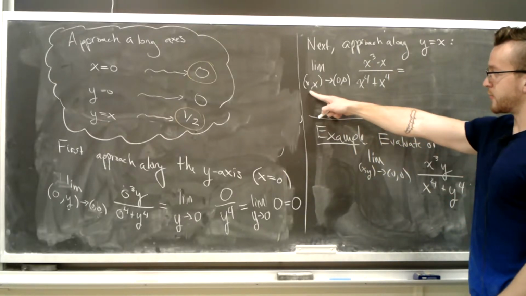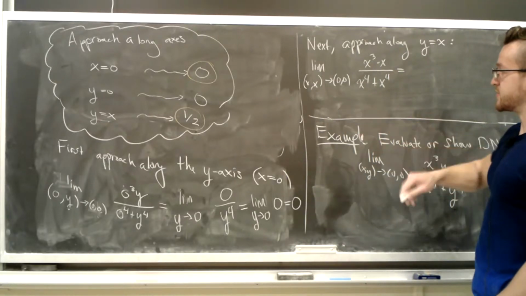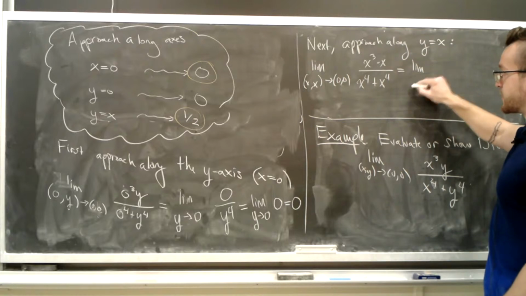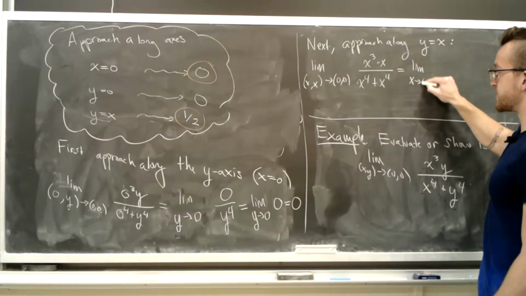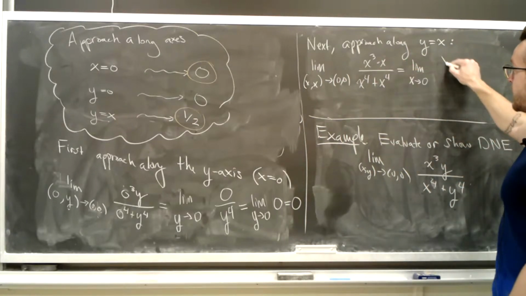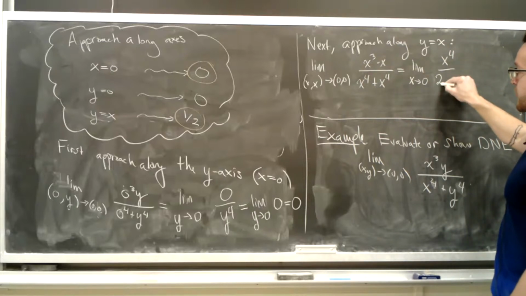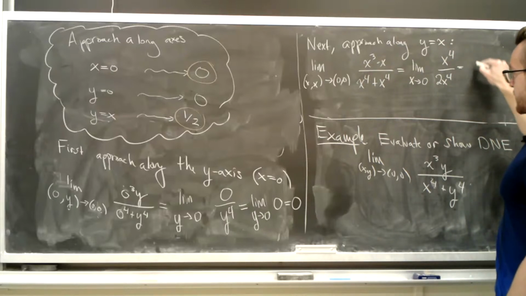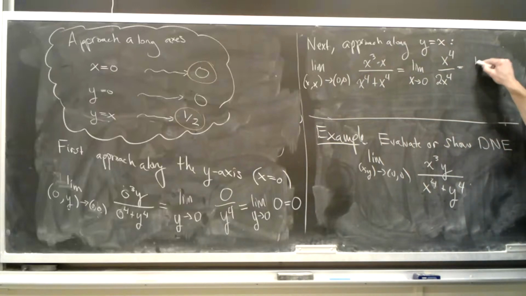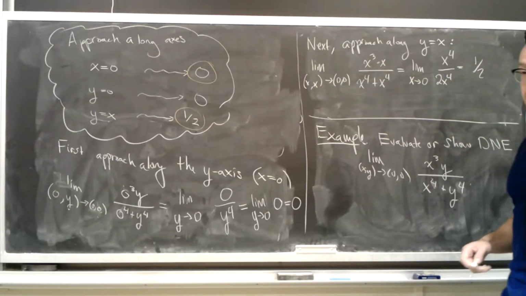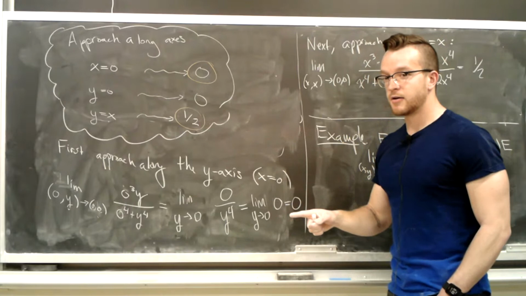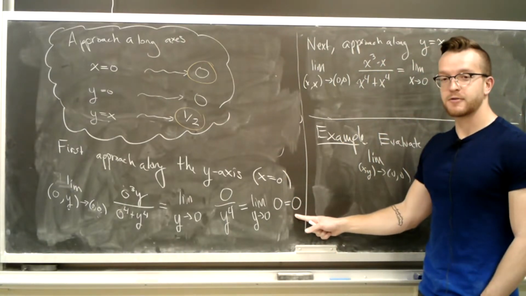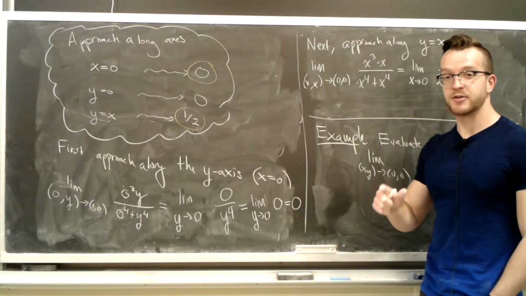Then, to send a point (x, x) to 0, 0, it suffices to send x to 0. So this turns into a single variable limit. This is x to the 4th over 2x to the 4th. The x to the 4ths cancel out, and you get 1/2, as I suspected here. 1/2 is not 0, so therefore, the limit doesn't exist.